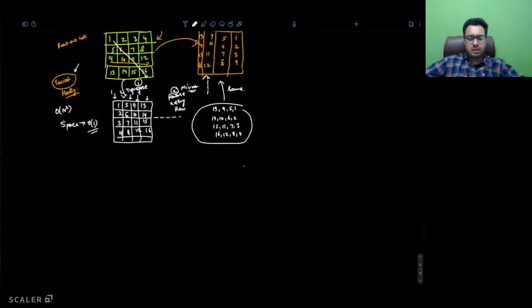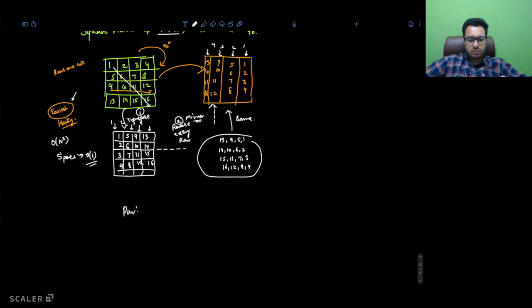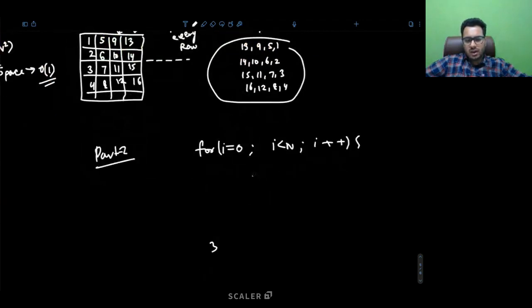Part two, if it is not clear, you need to say, okay, I need to go to every row, for i equal to 0, i less than n, i plus plus. I want to reverse that row. So I am at the ith row and I want to reverse it.